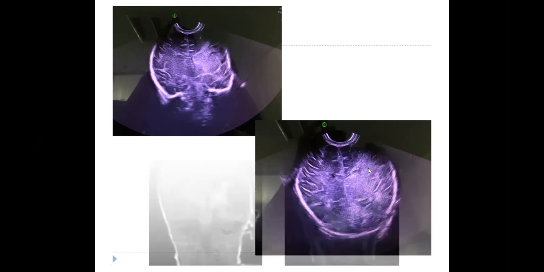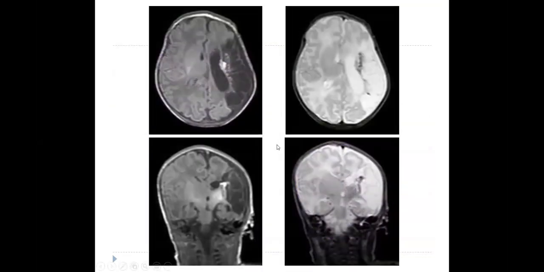This is the MRI. You can see one sequence T1 and T2, with hypo-intense signal in T1 and hyper-intense signal in T2.